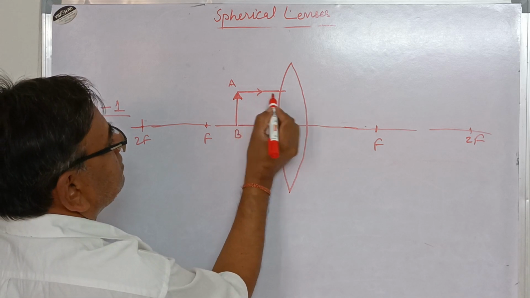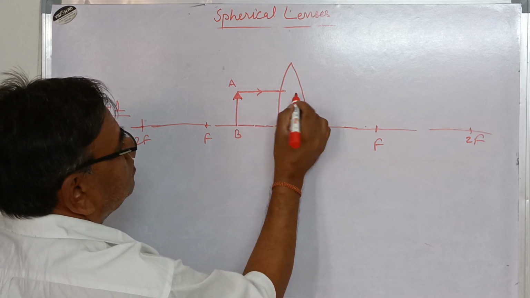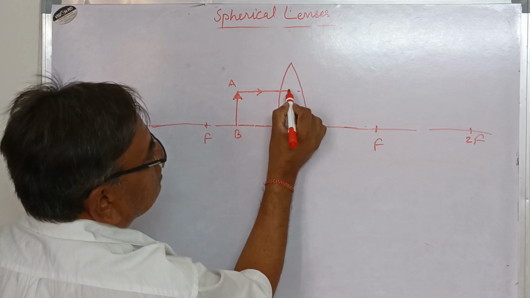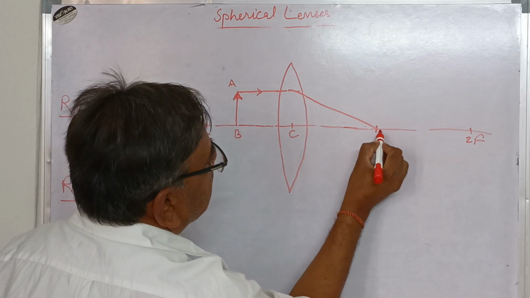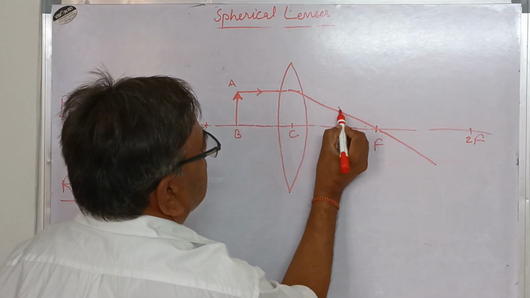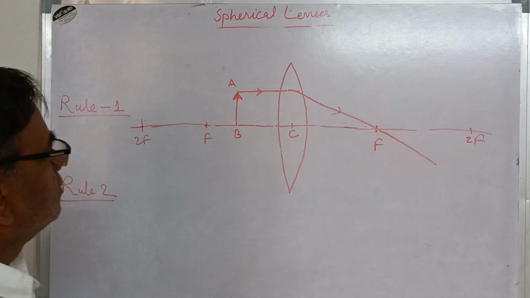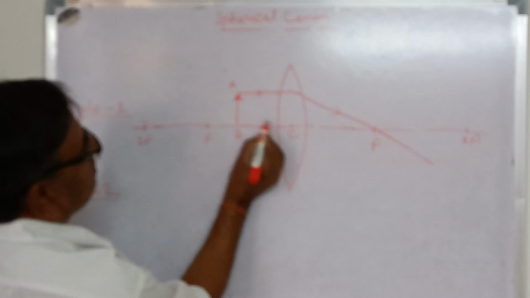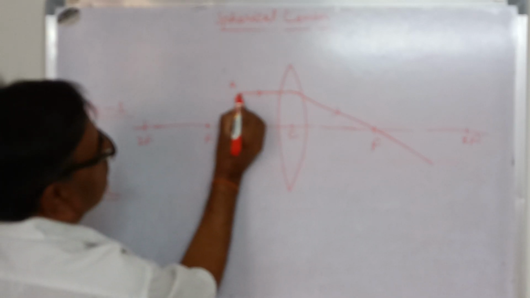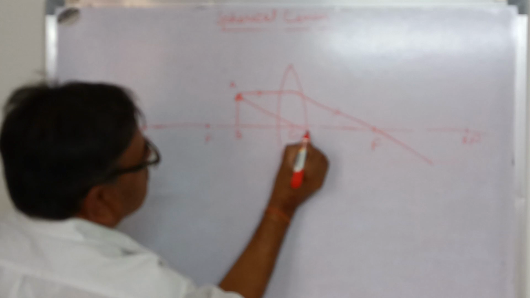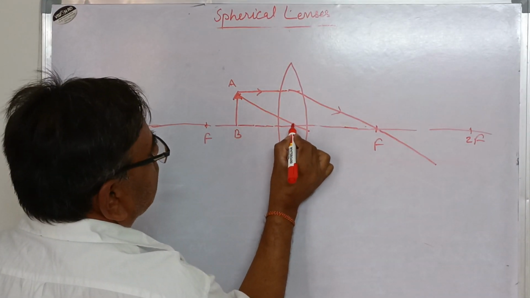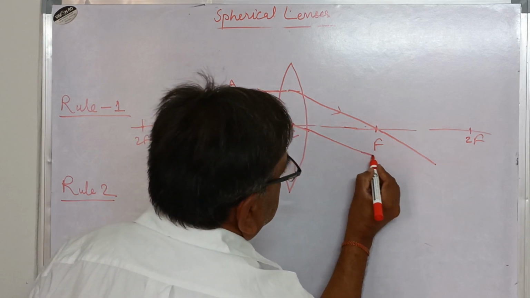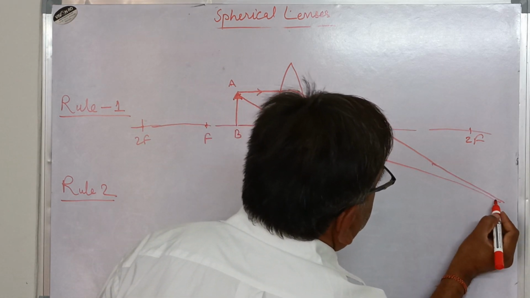It is a parallel ray, so after coming out from the glass, it will pass through the focus. Now you can take the next ray, which is passing through the optical center. You will proceed here.